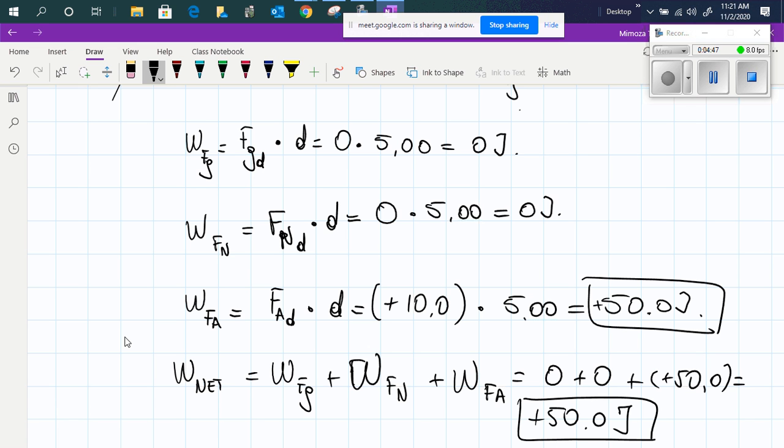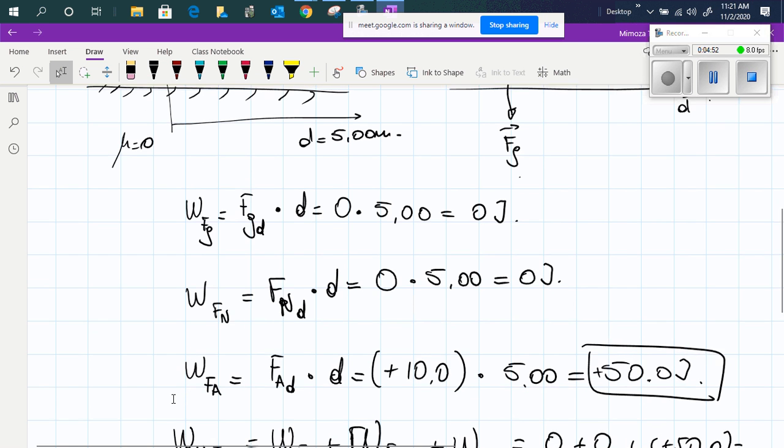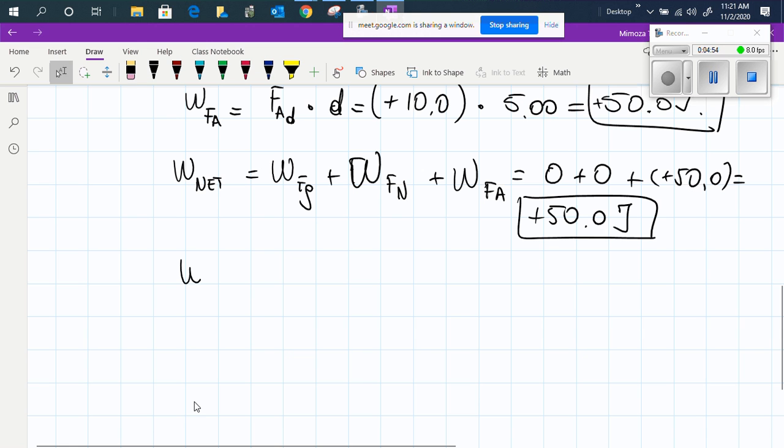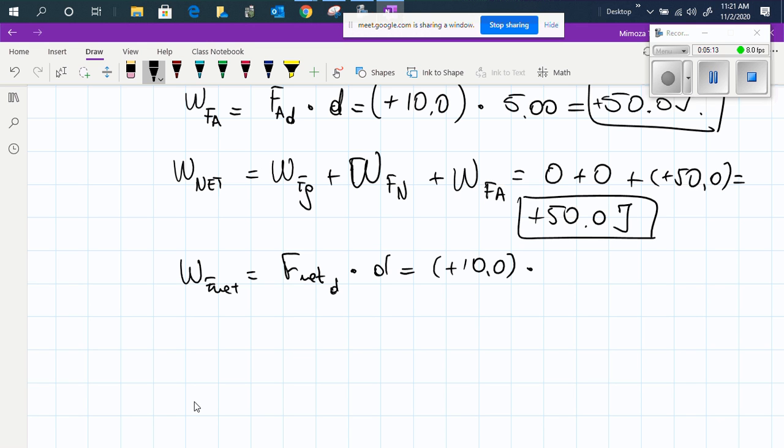And you can verify this using the net force, which is 10 newtons in the positive direction, times 5, the displacement, which will be positive 10 times 5 equals positive 50 joules. So you can verify it both ways.